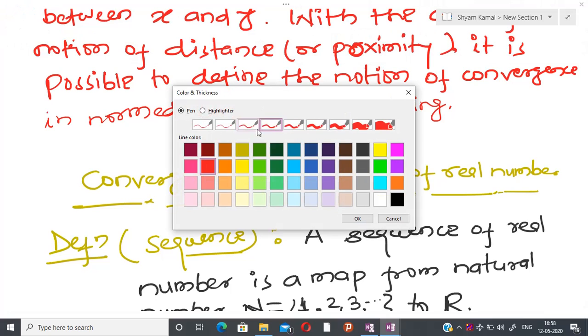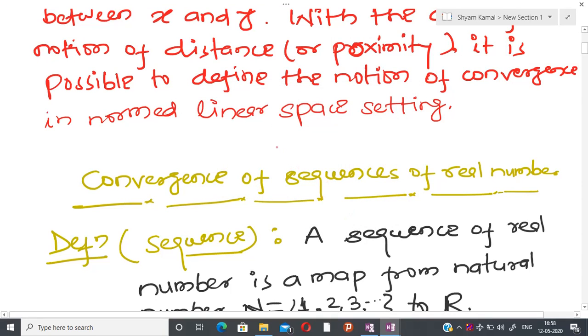So before going to the convergence analysis in normed linear space, first we are trying to understand the convergence of sequences of real numbers.